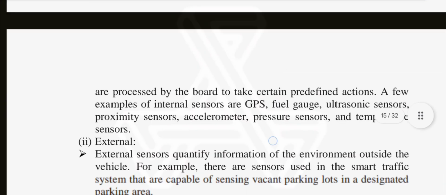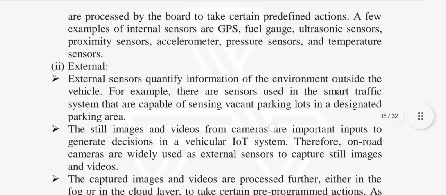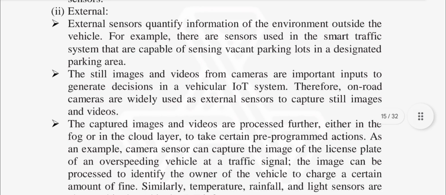A few examples of internal sensors are GPS, fuel gauge, ultrasonic sensors, proximity sensors, accelerometer, pressure sensor, and temperature sensor. External sensors quantify information of the environment outside the vehicle. For example, there are sensors used in smart traffic systems that are capable of sensing vacant parking lots in a designated parking area.